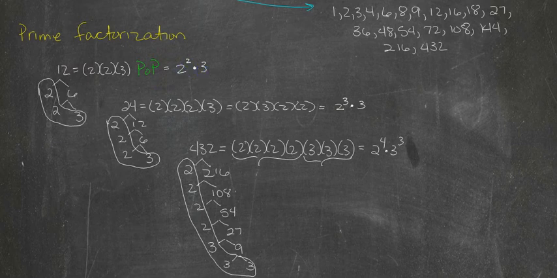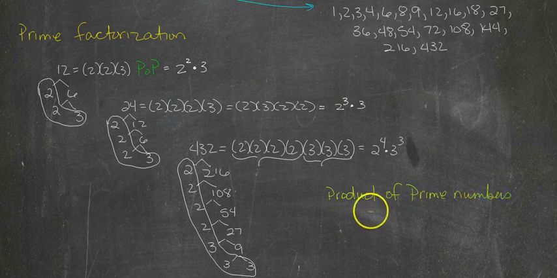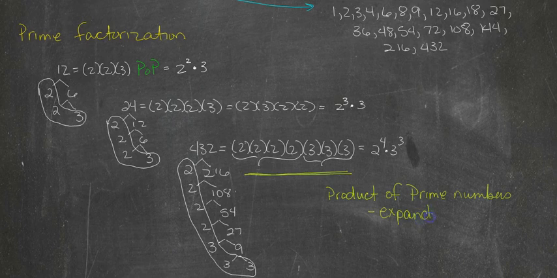So the takeaway here is that you should be able to take any number and write it as a product of primes, or a product of prime numbers, in extended form or expanded form, which is all written out the long way, or in exponential form.